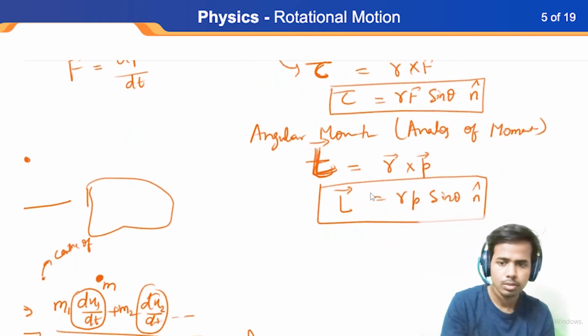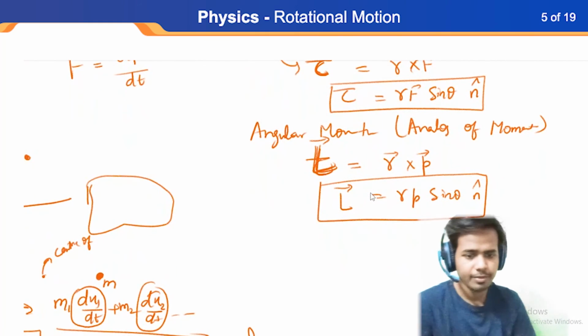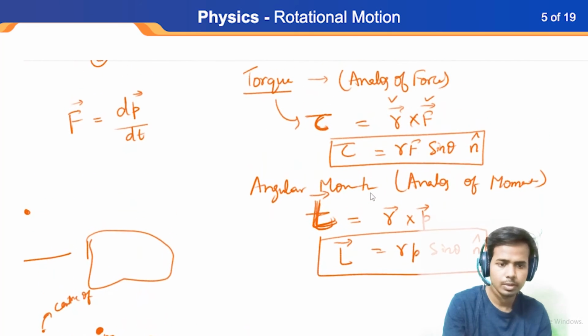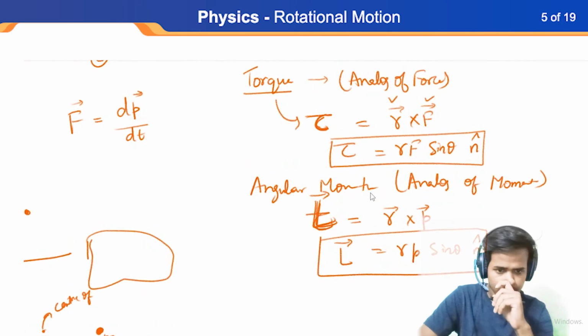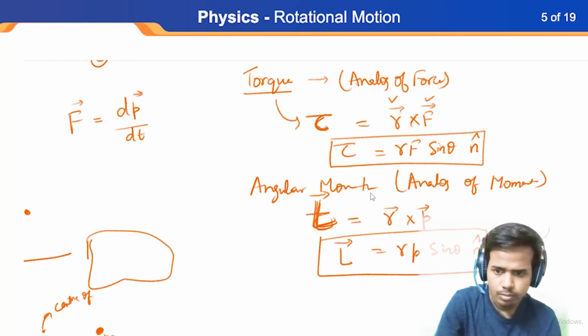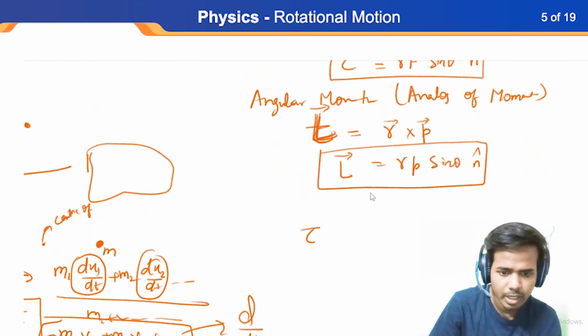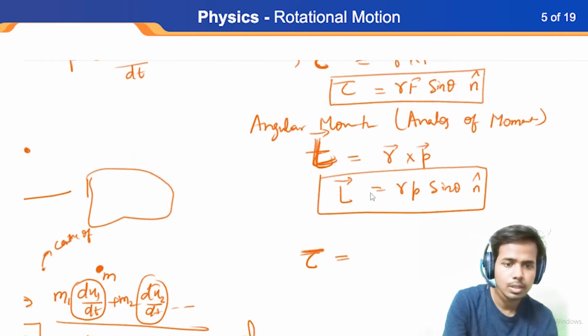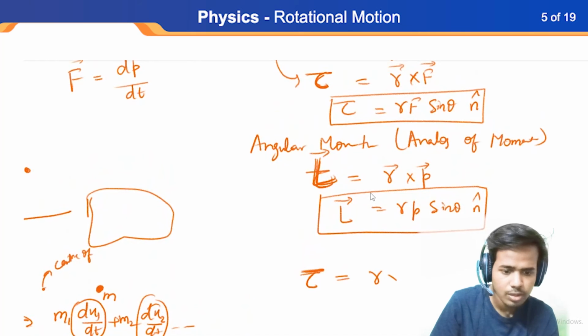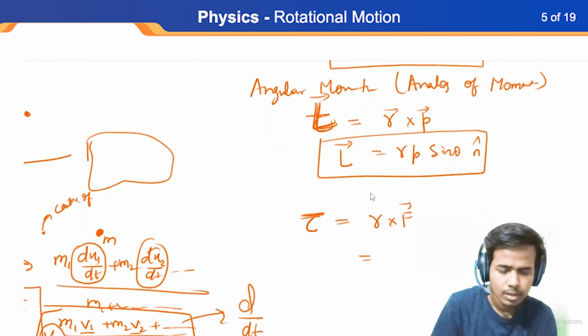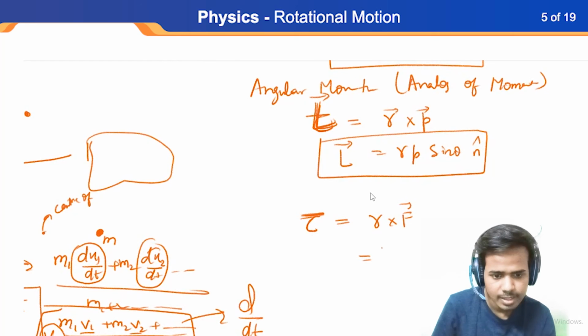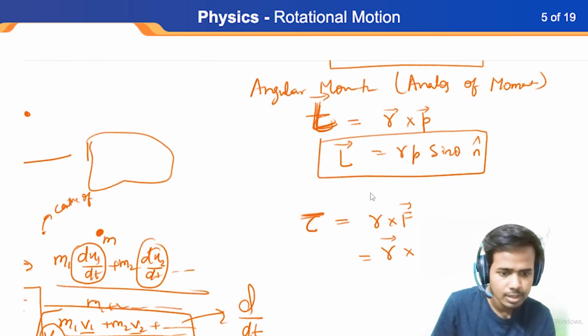Now, what we have here is tau. What is tau? r cross F, right? I can say that this is nothing but r cross dp by dt.